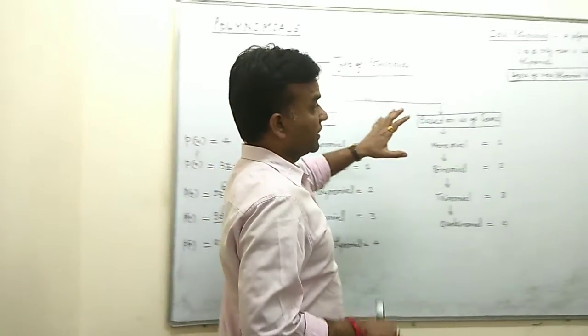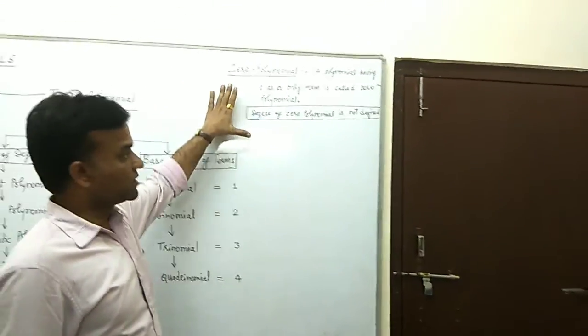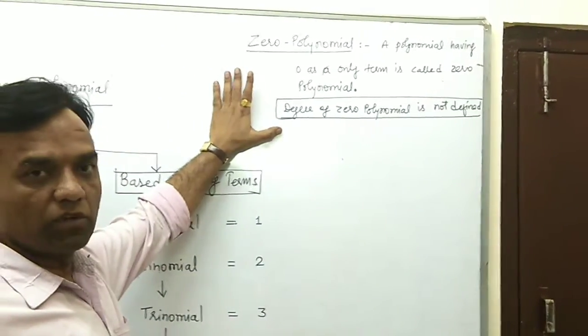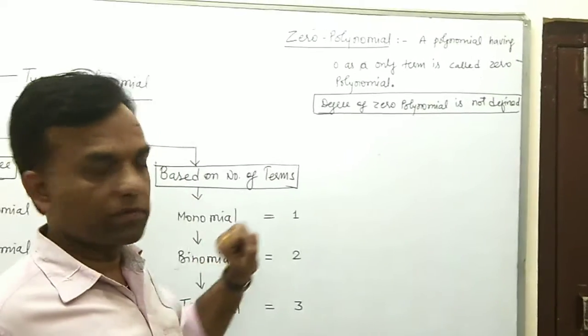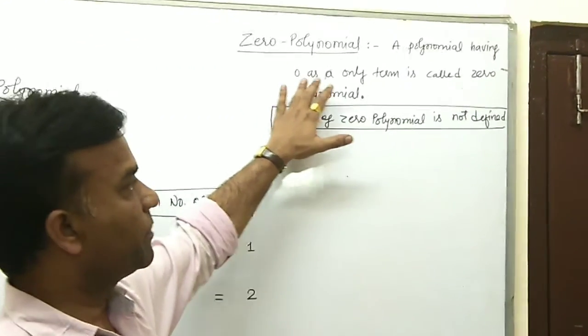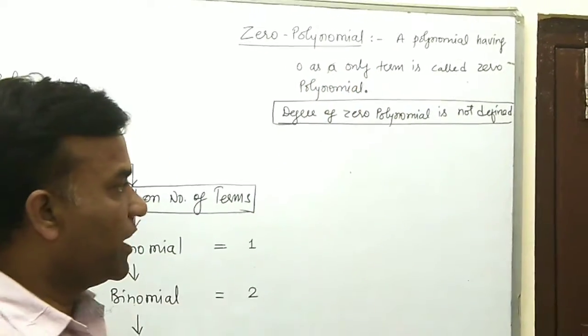One more part I want to explain is the zero polynomial, because a question may also come on this topic. What do you mean by the zero polynomial? Here we discussed all types, but zero is not included in these types. So a zero polynomial has 0 as its only term, like p of x equal to 0.